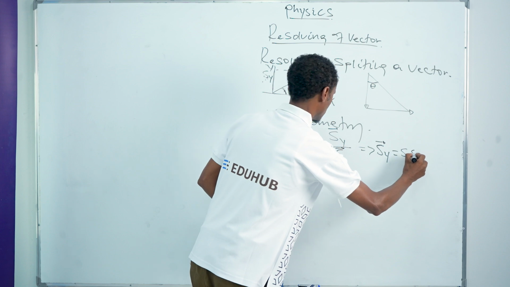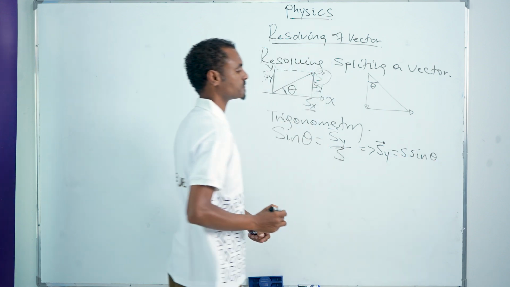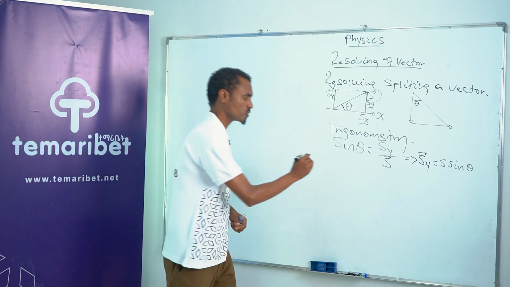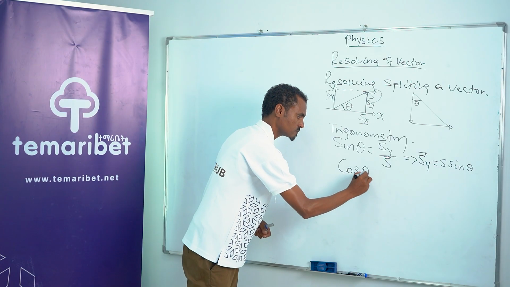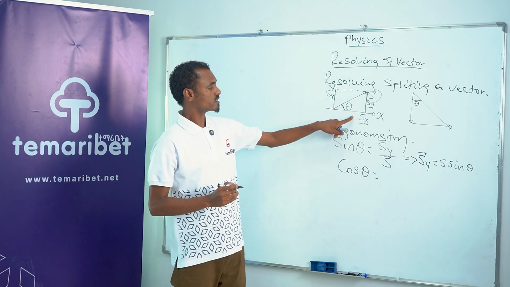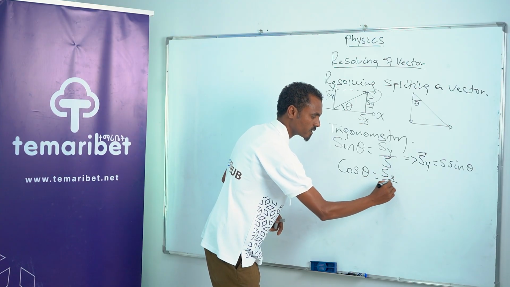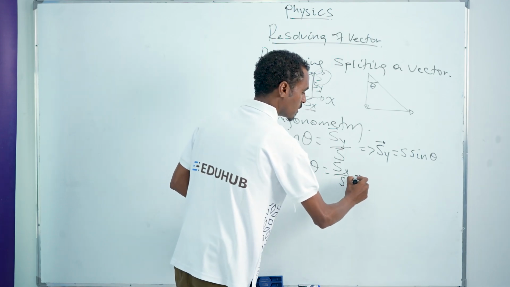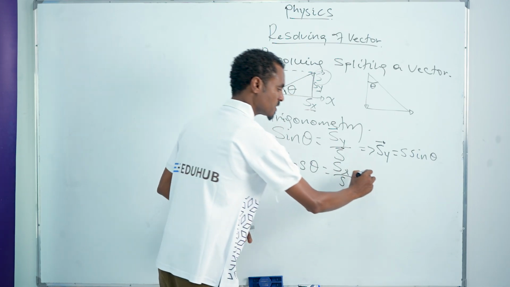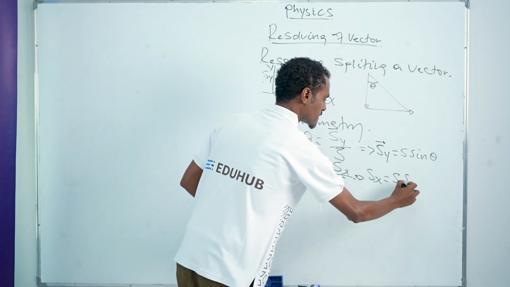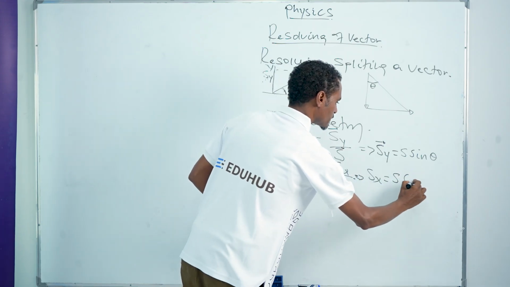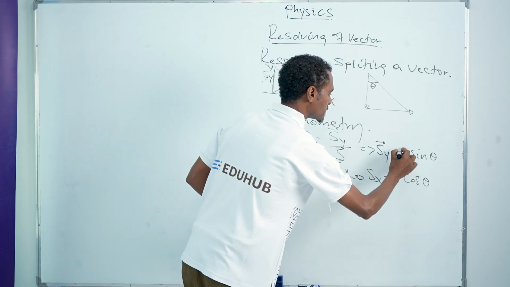That is S sine theta. What about cos theta? Cos theta is adjacent over hypotenuse. Our adjacent side is Sx over S, which is equal to, or to write Sx as the subject, Sx is equal to S cos theta.